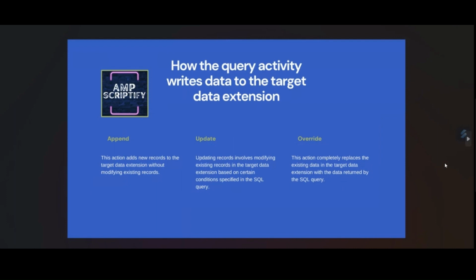When we select update, it involves modifying the existing record, and if there are new records, they will be added to the data extension. If you are performing override, it completely replaces the existing data with the new data.